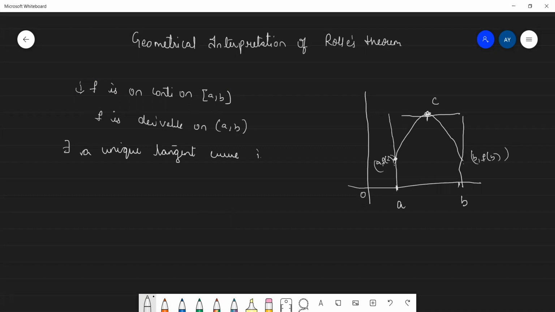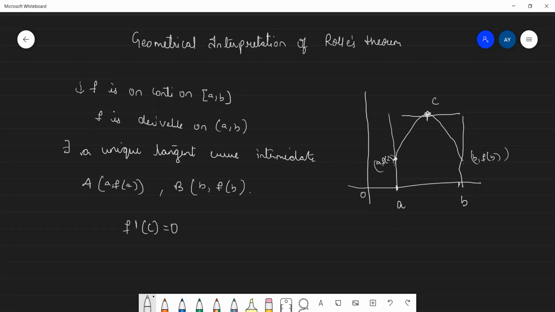That is the intermediate value between point A, that is (a, f(a)), and point B, that is (b, f(b)), on the curve. So there is at least one point c between a and b such that f'(c) equals 0.